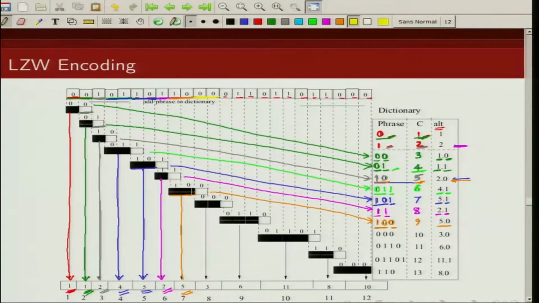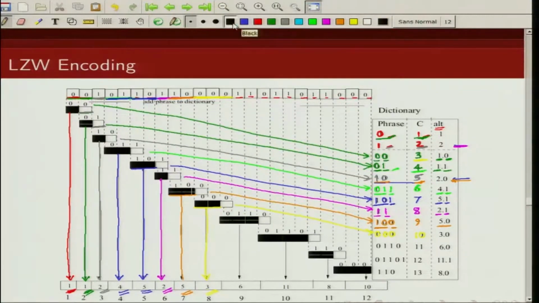Yes. So I continue further. 0 0 0, is 0 0 0 in the dictionary? The answer is no. So I am going to put this 0 0 0 in the dictionary, and that's code word number 10, and I am going to encode 0 0. 0 0 corresponds to code word number 3. So this is 3 here.